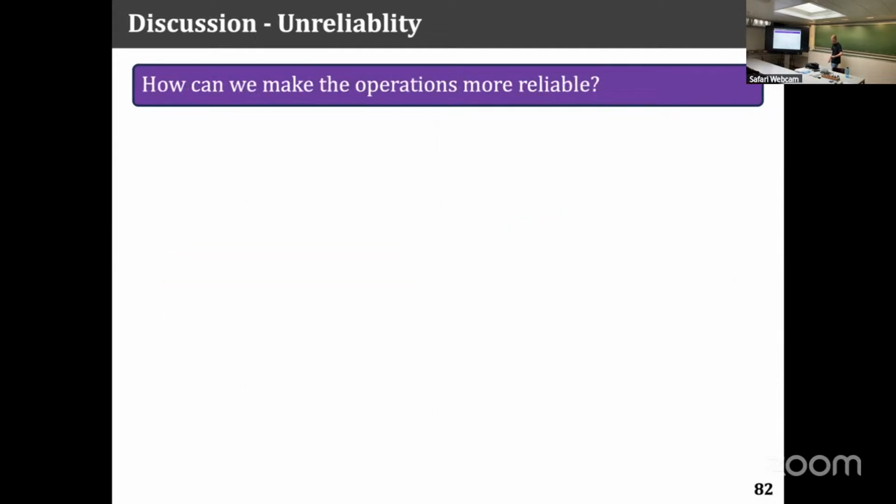So maybe the next discussion point is, okay, we know that there are some workloads which would benefit from unreliable primitives, which we have seen. So we have a functionally complete set of them. But do you have any ideas on how we could make these operations more reliable in general? On a meta level, given some unreliable operation, is there some way to make it reliable, magically?